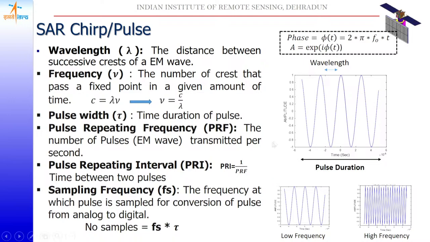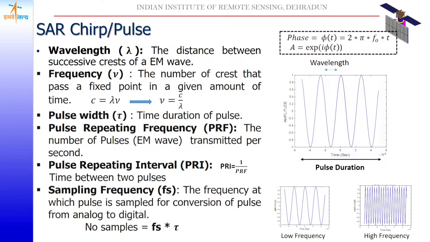Next is the pulse repetition interval, the time gap between two pulses, which is 1 by PRF.